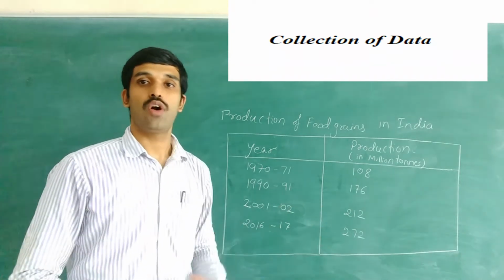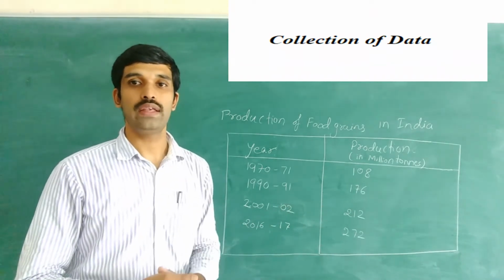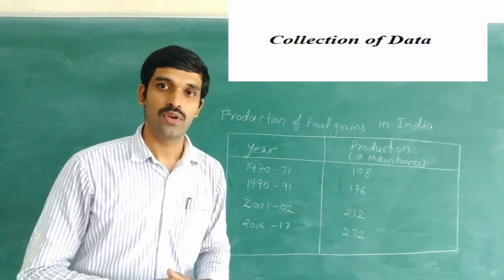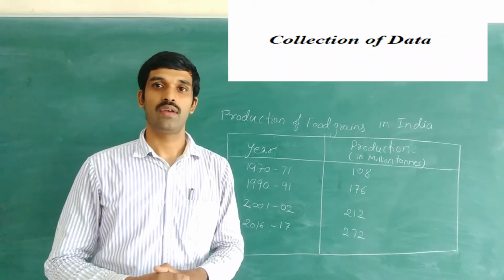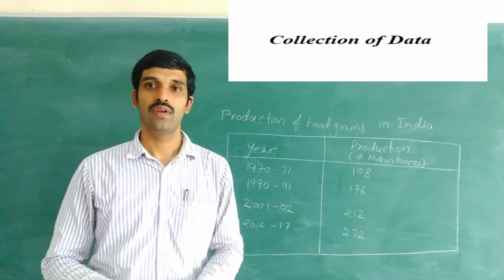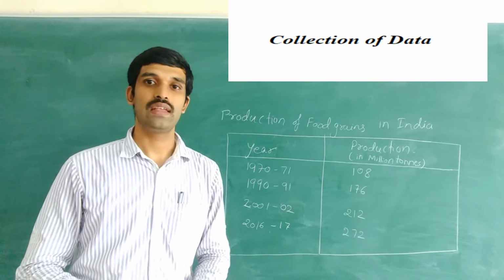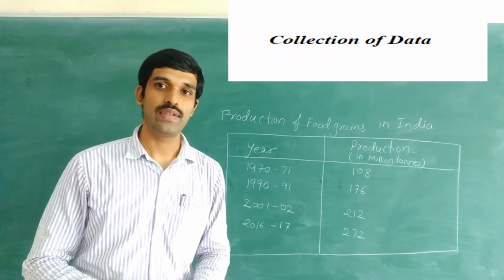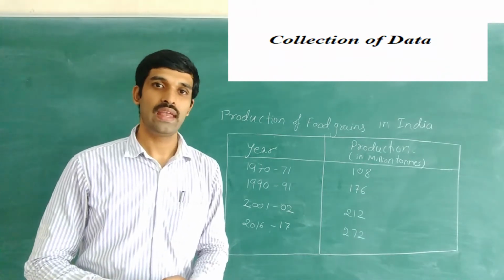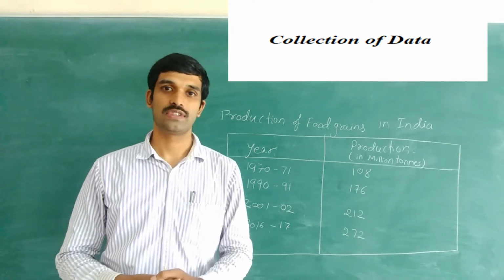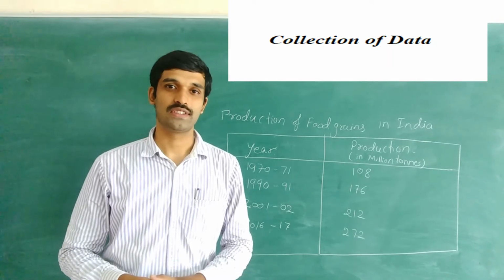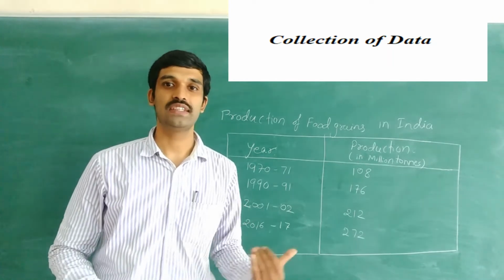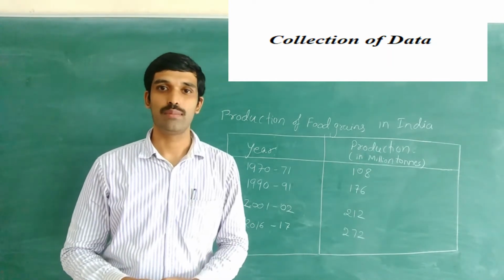The production of food grain varies from one year to another year, so these are called variables. What are variables? The things which vary, or the values of which are varying, are called variables. The values which are changing are called variables.